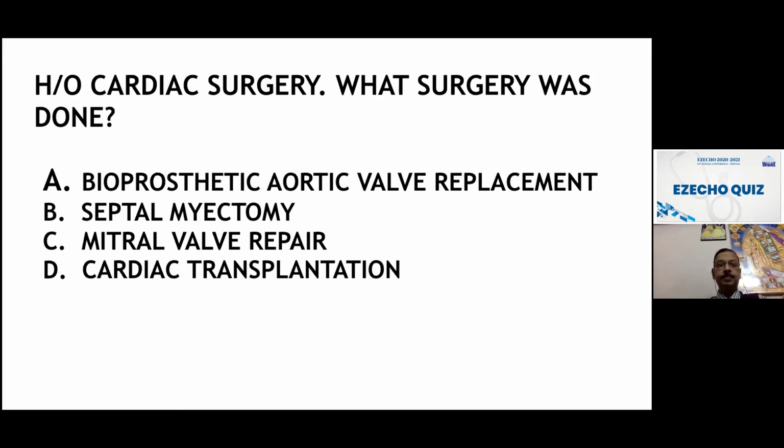Well, here it is divided between B and D, the septal myectomy and the cardiac transplantation. But cardiac transplantation is the correct answer.